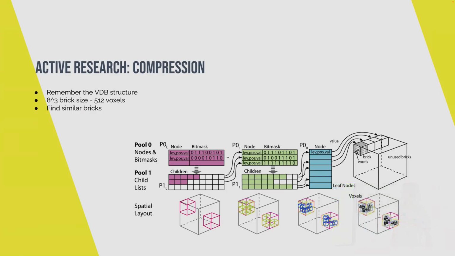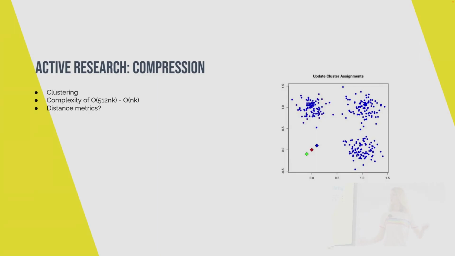So if we can get those bricks or the voxels as small as possible, we will massively reduce our data structure size. One way to do this is to find similar bricks, and then if 2 bricks are similar, we can have the L3 nodes point towards the same data brick, and then we can reuse this huge floating point data. So how do we do this? Well, we could use a technique like k-means.